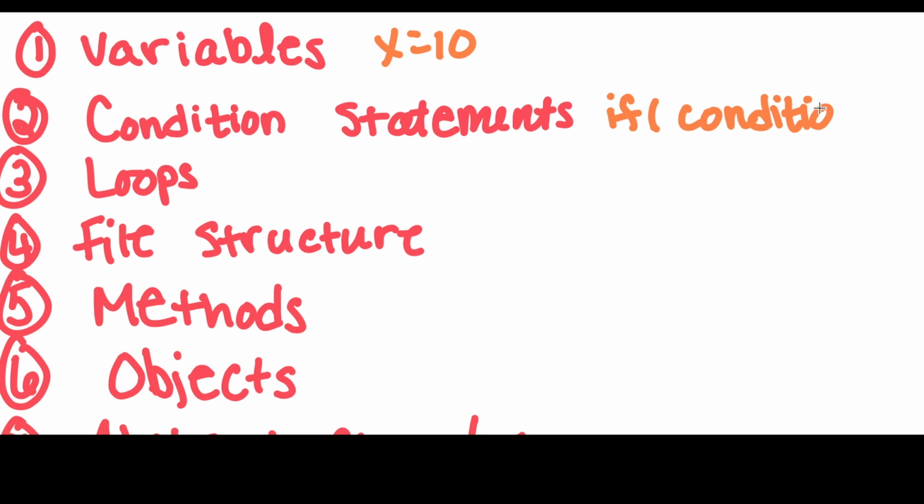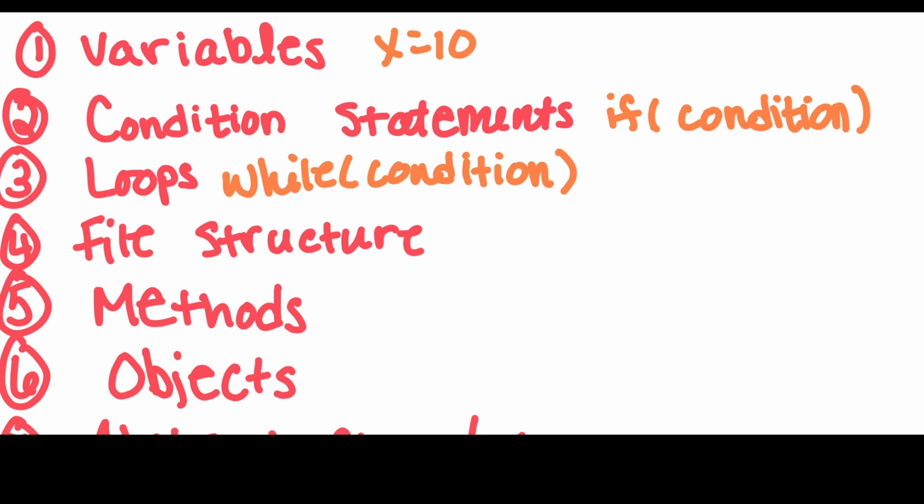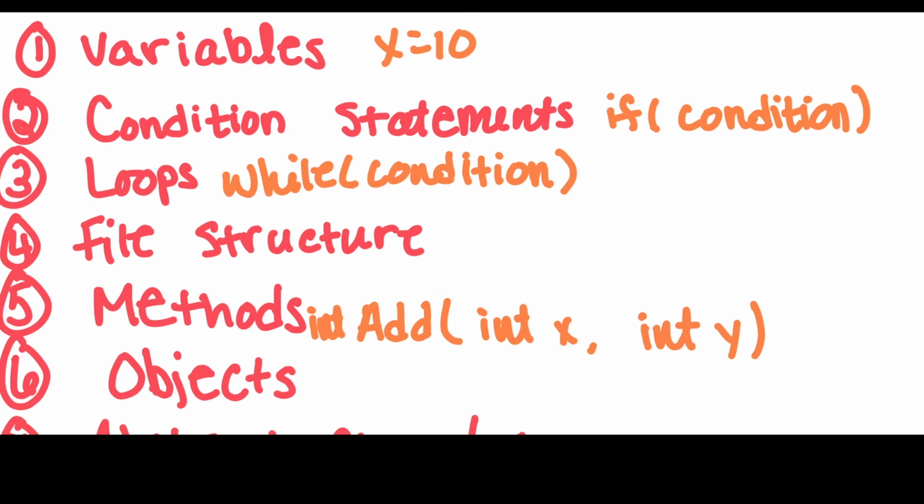After that, I'm going to do loops, so all kinds of different loops. Then I'm going to go over file structure, methods, for example, methods like this. And I know you don't know what any of this means, but it's okay. Then objects, and then abstract classes and interfaces.